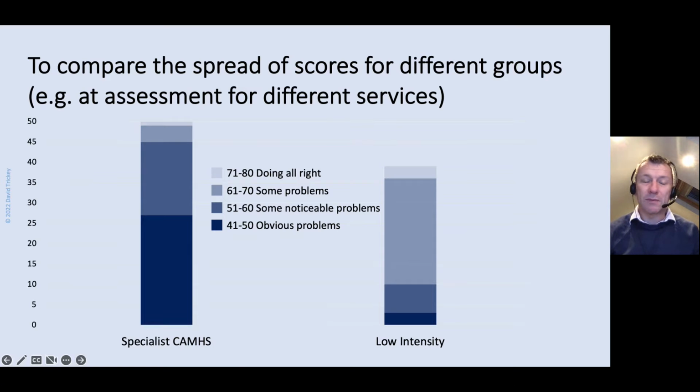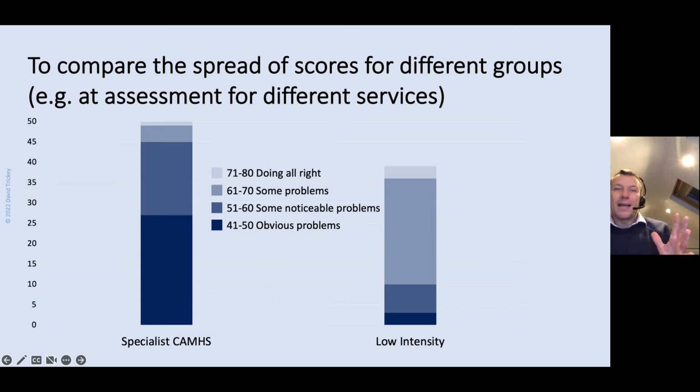As I've said, that might be things have improved since referral, or maybe things on the referral form were exaggerated in order to get the referral in. So this might raise an interesting question: how come some young people that are doing all right are being assessed by a specialist CAMHS service? And then for a lower intensity service, you may have a few with obvious problems and a small group with some noticeable problems, but a big chunk of them might have some problems.